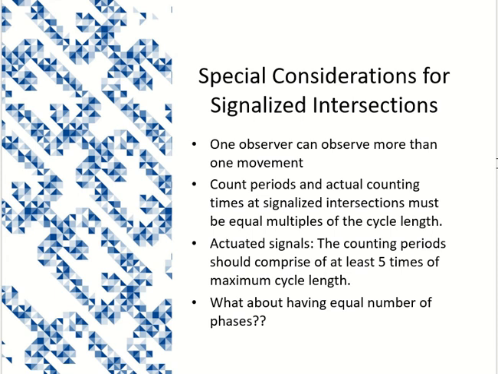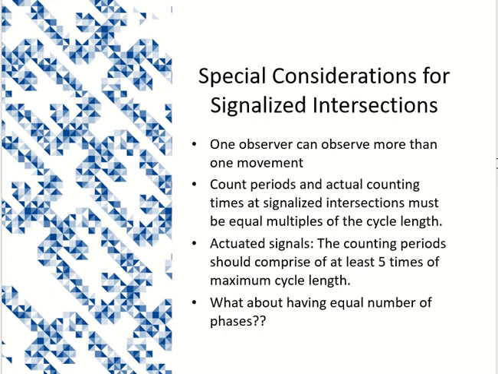For example, if your cycle length is 60 seconds, your observation time should be a multiple of 60 seconds, and your break time should also be a multiple of 60. That means the total, observation plus break, will also be a multiple. So whatever timing you set for the observer, for counting or for break, all of it should be a multiple of the cycle length.